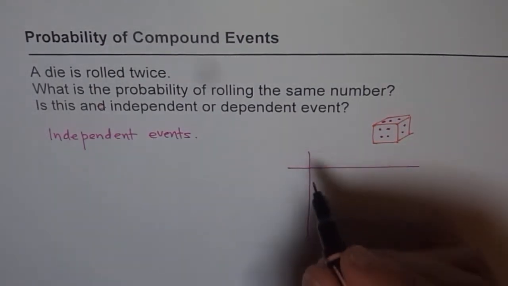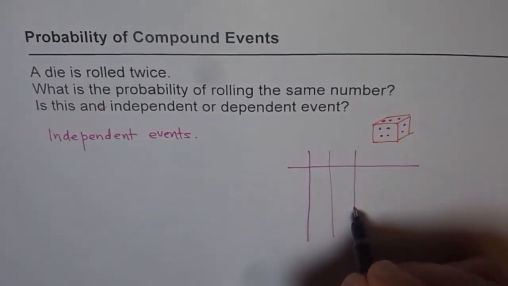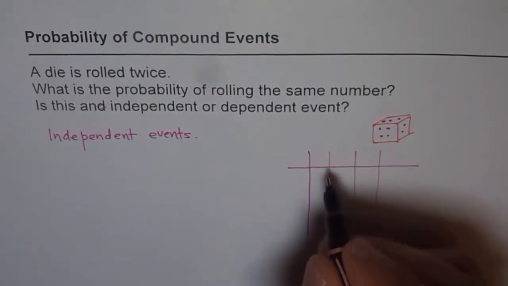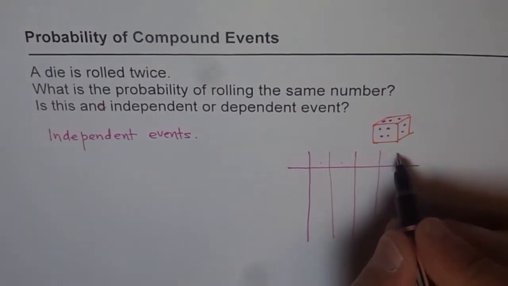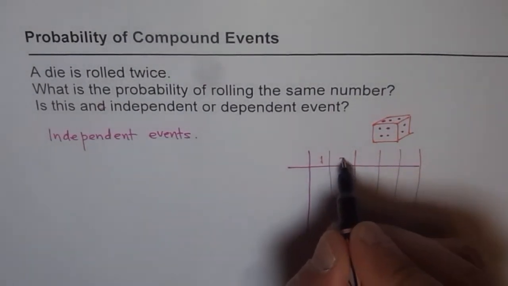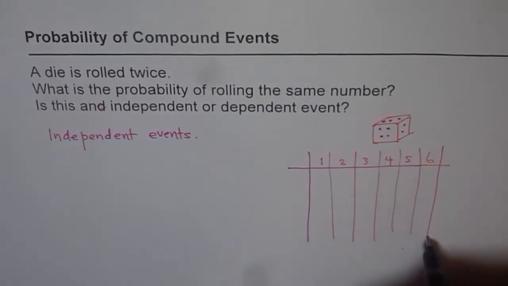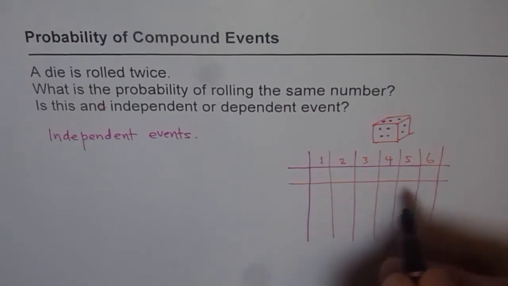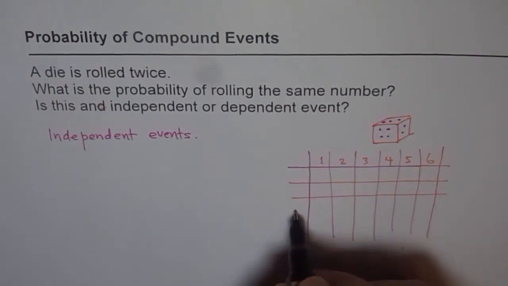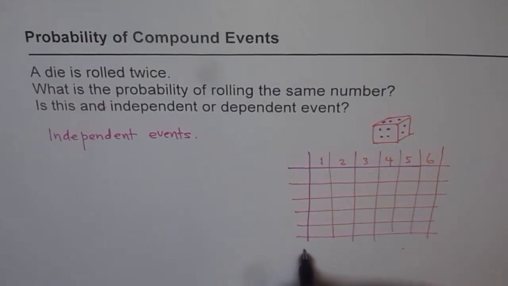So think like this. When you roll it one time, let me make a kind of table here. So we'll have 1, 2, 3, 4, 5. So we can write 1, 2, 3, 4, 5, and 6, right? So let me make this like this. Kind of a matrix. 3, 4, 5, and 6.